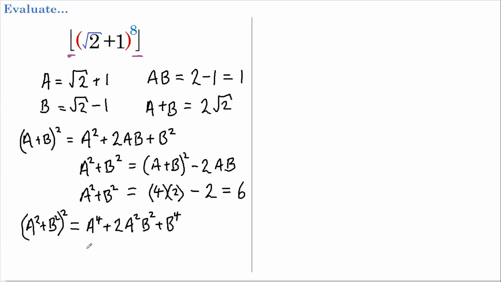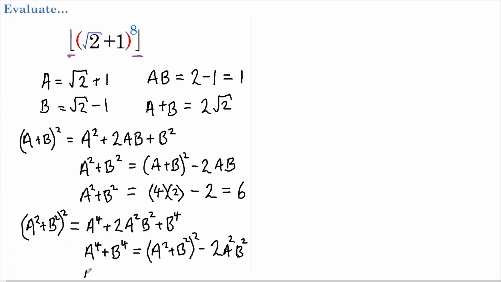And again, rearranging this to isolate A to the 4 plus B to the 4, we get that this equals A squared plus B squared all squared less 2 lots of A squared B squared.